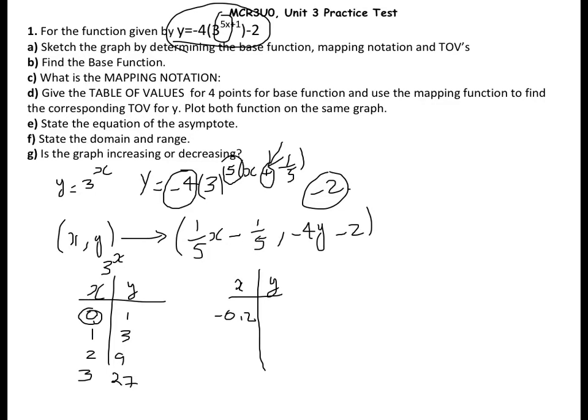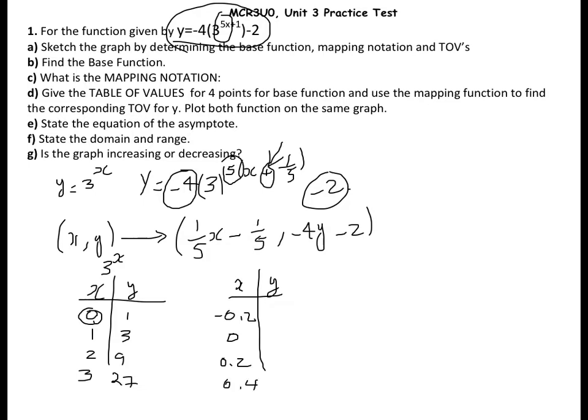Then x equal to 1: I get 1 over 5 times 1, which is 1 over 5 minus 1 over 5 gives me 0. If x is 2, then I get 2 over 5 minus 1 over 5, which is 1 over 5, which is 0.2. And the last one, 3, I get 3 over 5 minus 1 over 5, which is 2 over 5, which is 0.4.